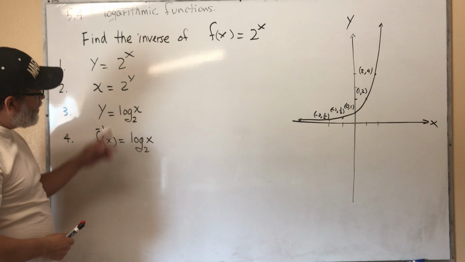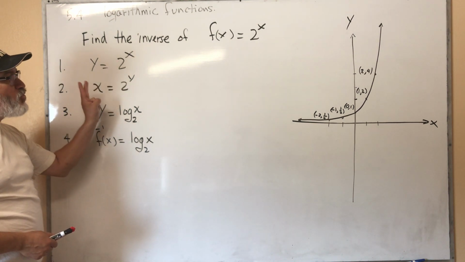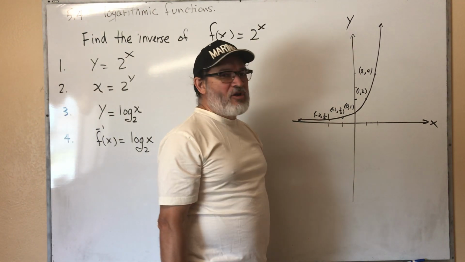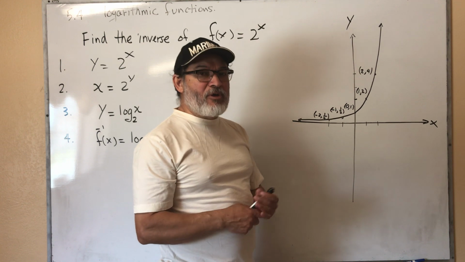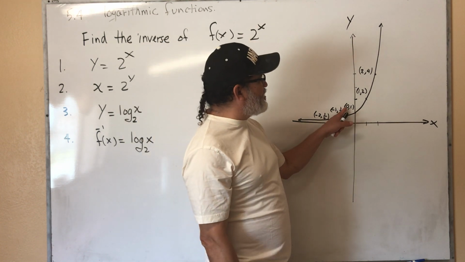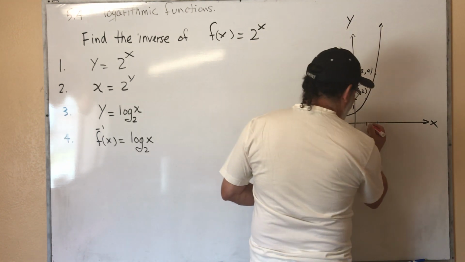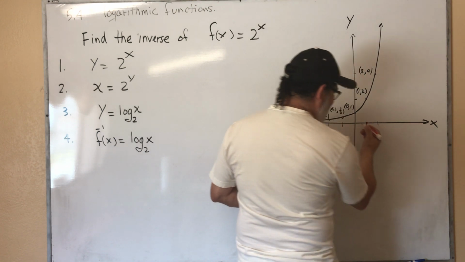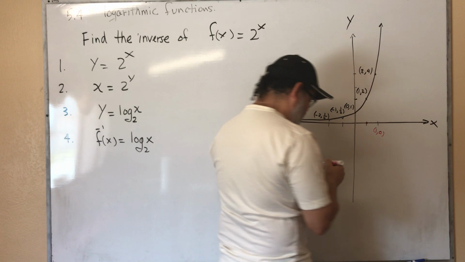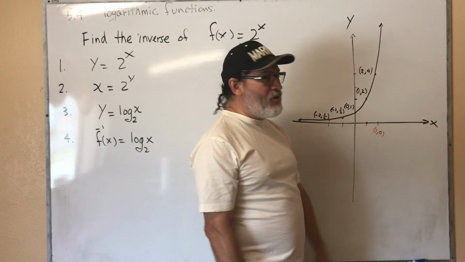Remember what we did here? Step number 2, we interchange the coordinates. If you interchange the coordinates, you're finding the inverse. I'm going to do it in red. You see this 0, 1? It becomes 1, 0. You see this 1, 2?